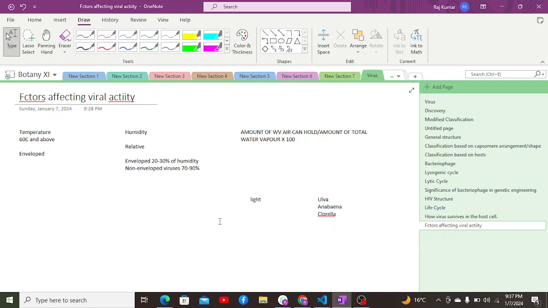After that, light energy. I mean, sunlight can be beneficial as well as negatively effective for the viruses in a planktonic environment, in an aquatic environment. How?